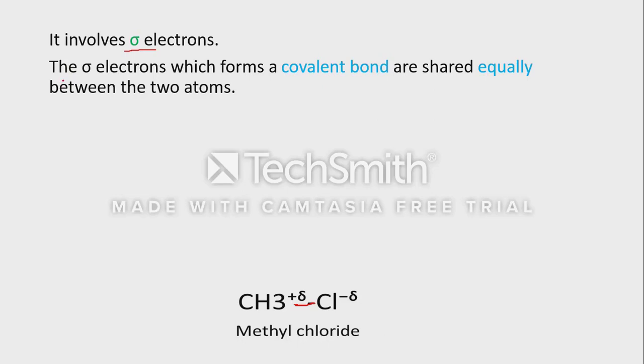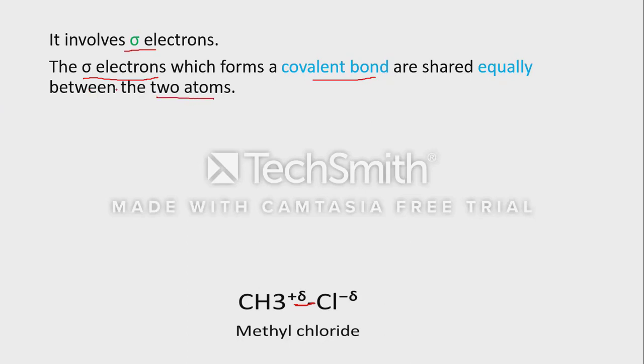The next point of the inductive effect: the sigma electrons which form a covalent bond. We already said that sigma bonds form covalent bonds. Two sigma electrons form one covalent bond and are shared equally between the two atoms.